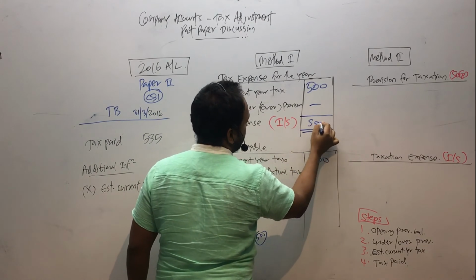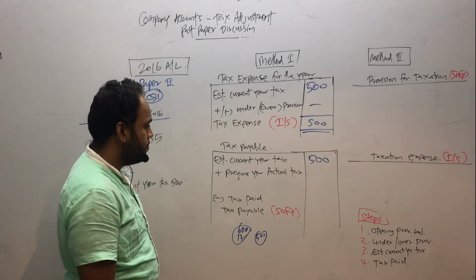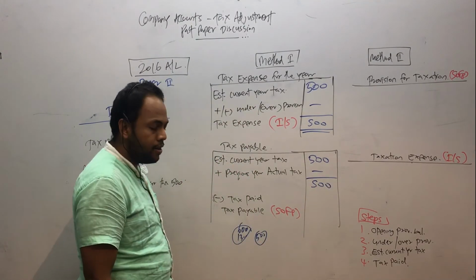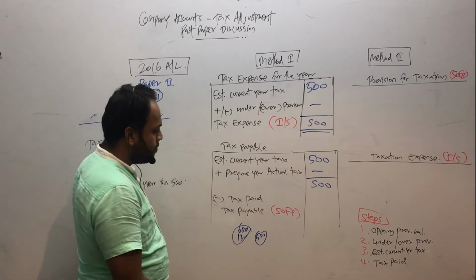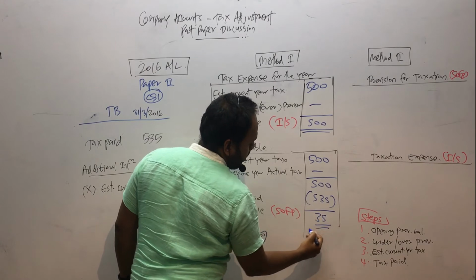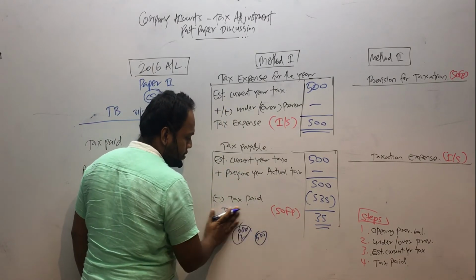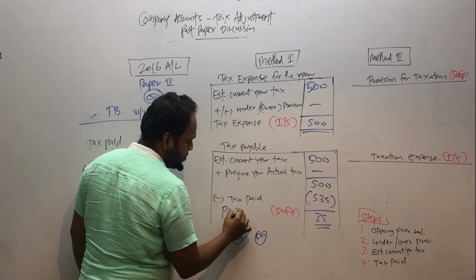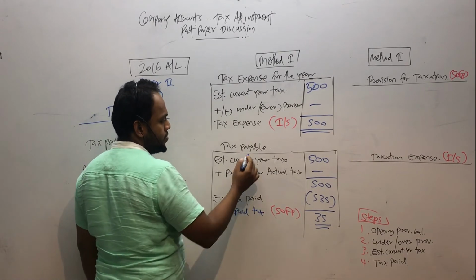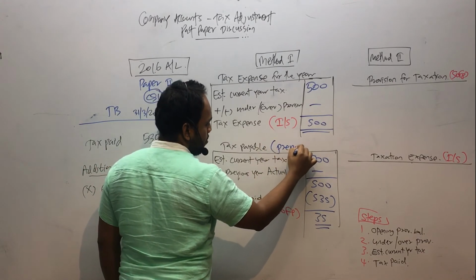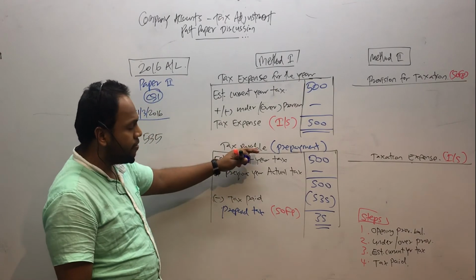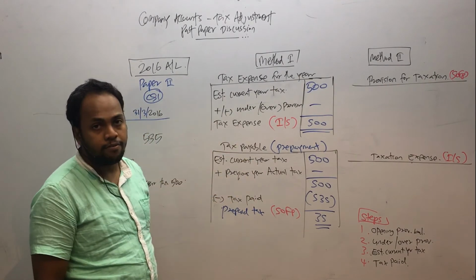So expense is 500. Very simple. No previous year tax. Therefore total tax is 500. Tax paid is 535. Then this is not tax payable, this will become prepaid tax. 500 is the expense, but we paid 535.